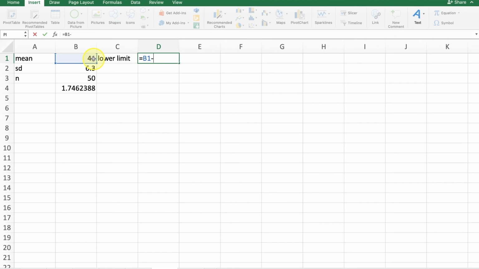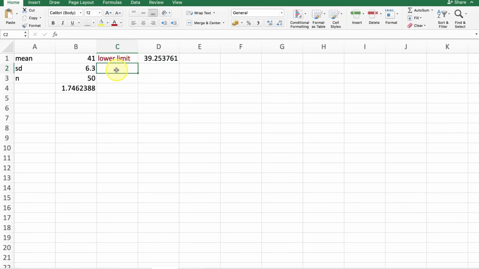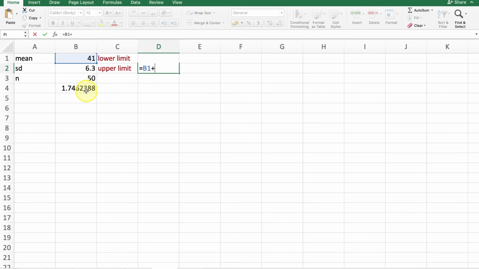So lower limit is equal to 41 minus this. Okay, enter. And your upper limit will be the sample mean, which is B1, plus this. Enter. Okay.